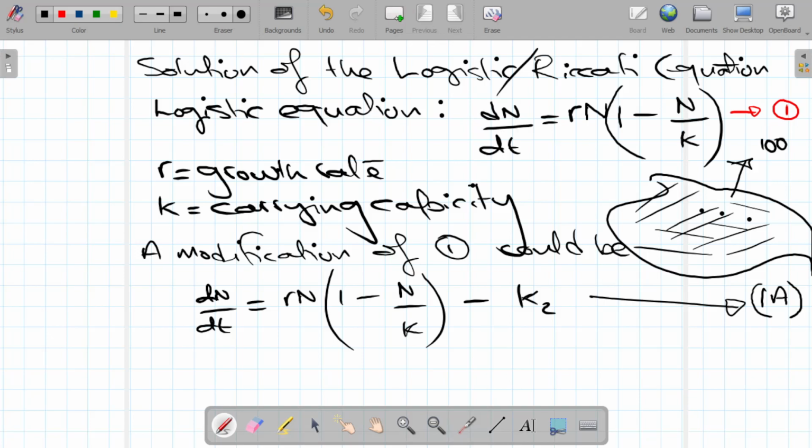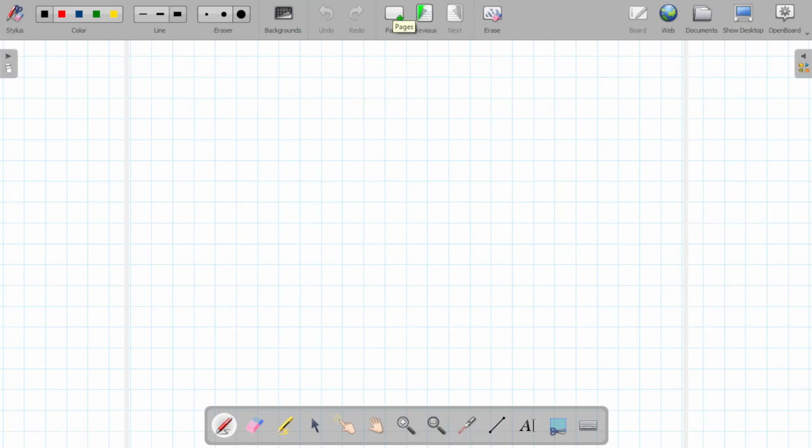So if we go on to the next page, then we're going to look at solving. So we want to solve the Riccati equation, otherwise known as the logistic equation or modified logistic equation. dn by dt equals 8n. And I've just plucked these figures out of thin air, but it will hopefully give you some idea of how to solve these equations, because obviously it doesn't matter what the values like 8 actually are, so long as you know the method by which to solve the equation.